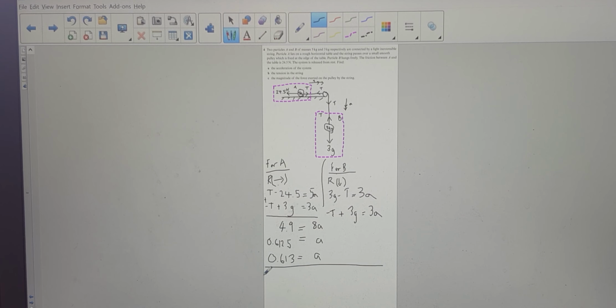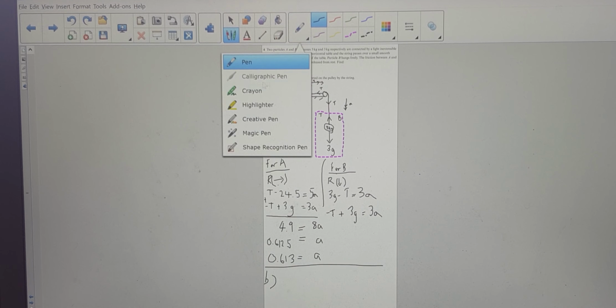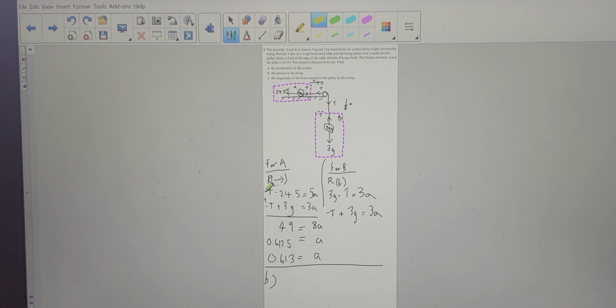Part B is pretty much done for us anyway. Part B, the tension in the string. I just take either of my equations. Let's just take this equation. I've got T minus 24.5 equals 5A.